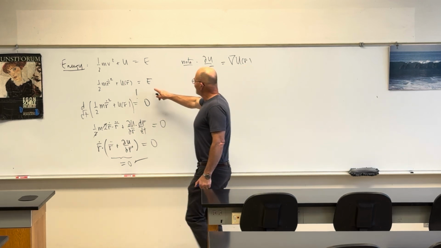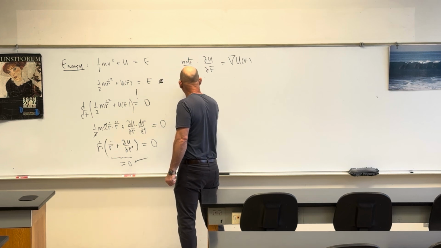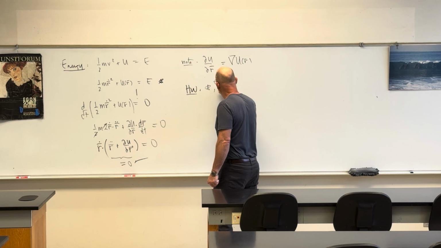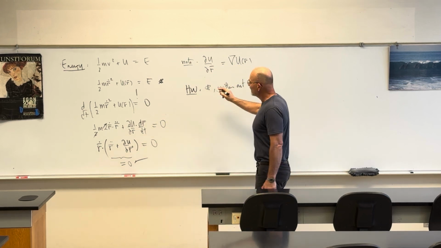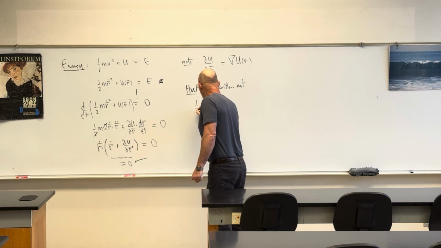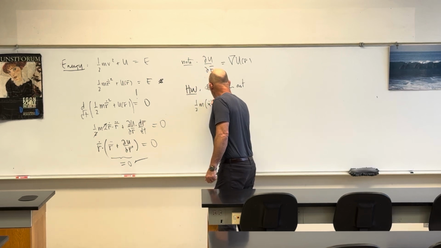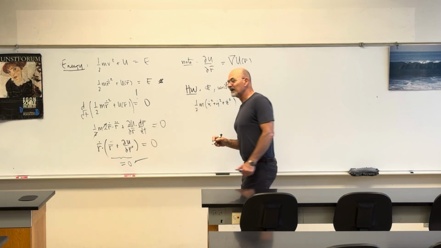So if we were to write this thing out, I'll call this homework. So this equation star written out in more detail is going to be 1/2 m (x dot squared plus y dot squared plus z dot squared).